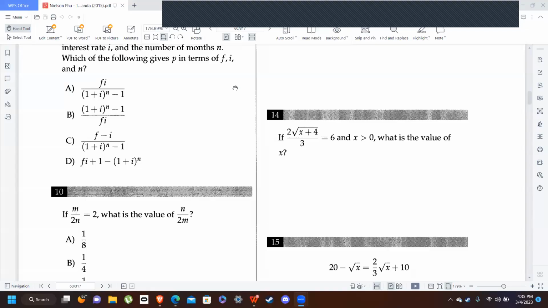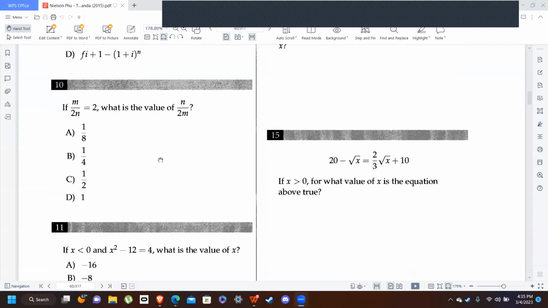I know time's going. Hopefully this one is easy. If m divided by 2n is equal to 2, what is the value of n over 2m? This one's funny. See how well you guys do. So the answer is a half.